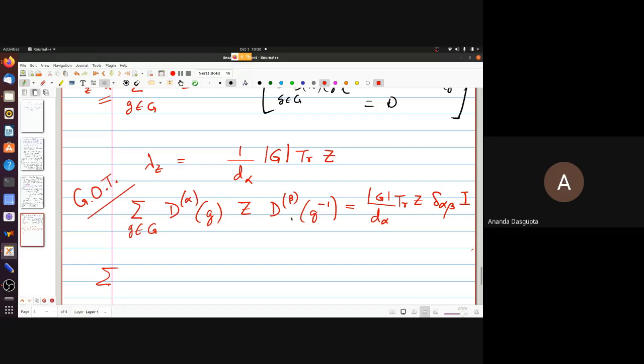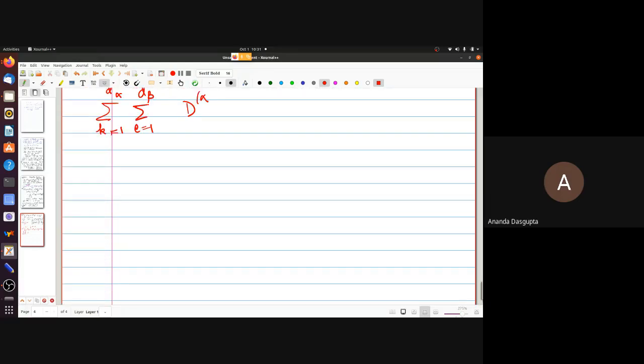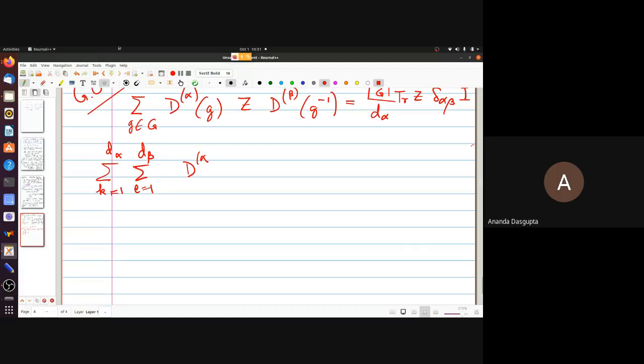Now we can of course look at the elements of this. So k prime going from 1 to infinity, L prime going from 1 to d alpha, L prime going from 1 to d beta.